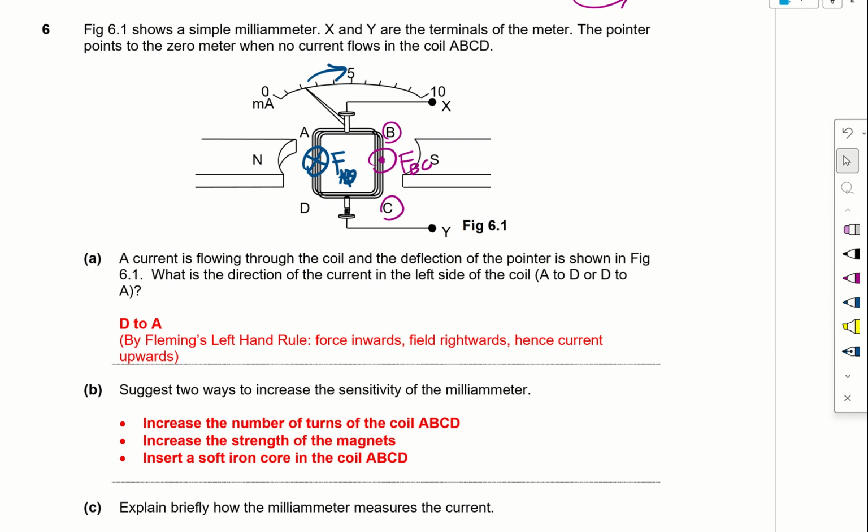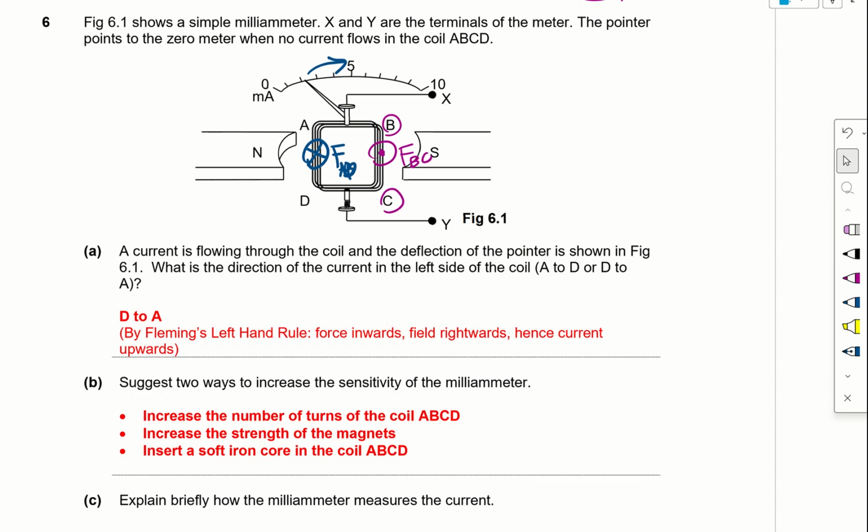Now, part A: a current is flowing through the coil and the deflection of the pointer is shown. What is the direction of the current in the left side of the coil, A to D or D to A? Okay, so we know that it is rotating in this direction. Therefore, force on AD must be into the page. Okay, force on BC would be out of the page. So we can then apply our Fleming left hand rule.